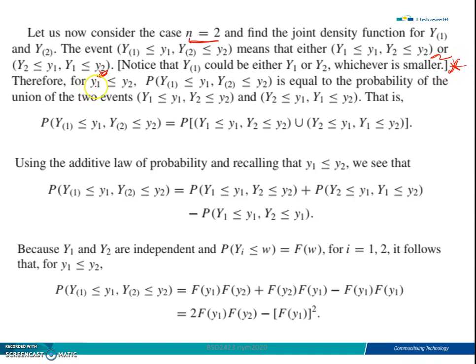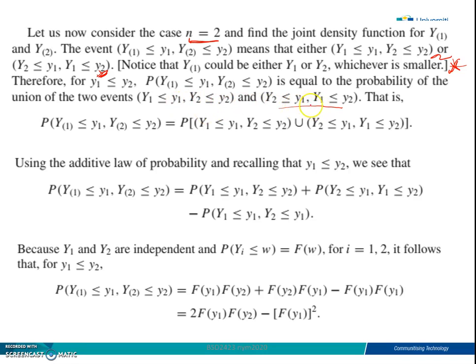Therefore, the probability that y1 ordered, the minimum value, is less than y1 and y2 ordered is less than y2 is equal to the probability of the union of two events: y1 less than y1 and y2 less than y2, and this one as well. Because for y1 ordered we don't know whether it is y1 or y2, we have the union of the two events.